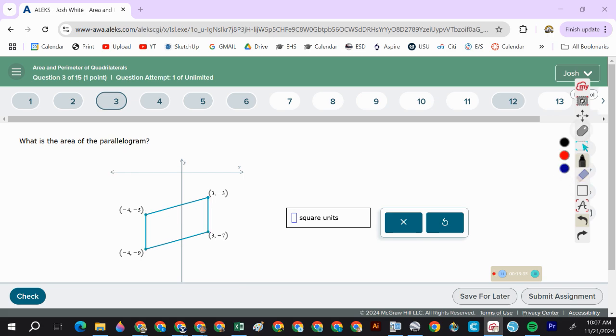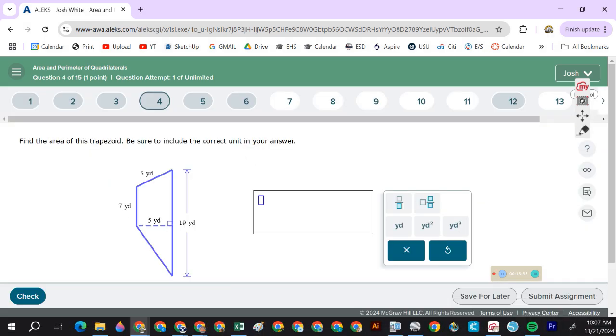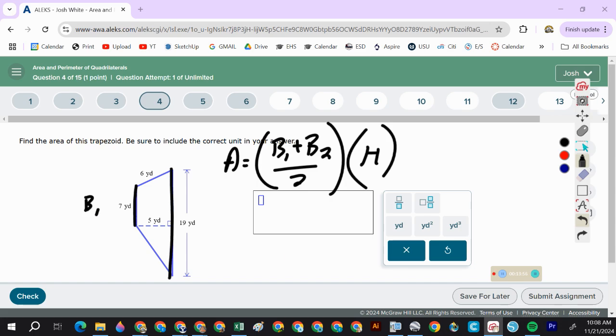Okay, trapezoid. Area of a trapezoid is base 1 plus base 2 over 2 times the height. Now this trapezoid is turned on its side. So this is base 1, and this is base 2, and then there is h.